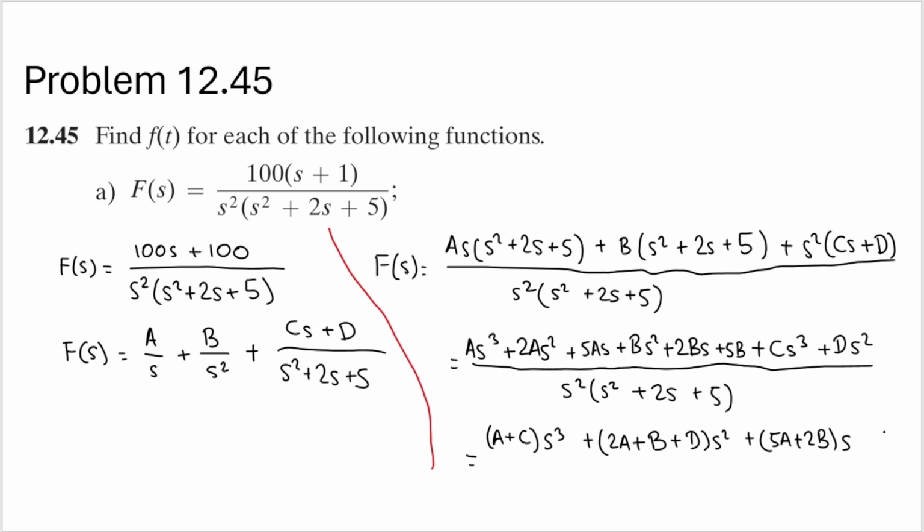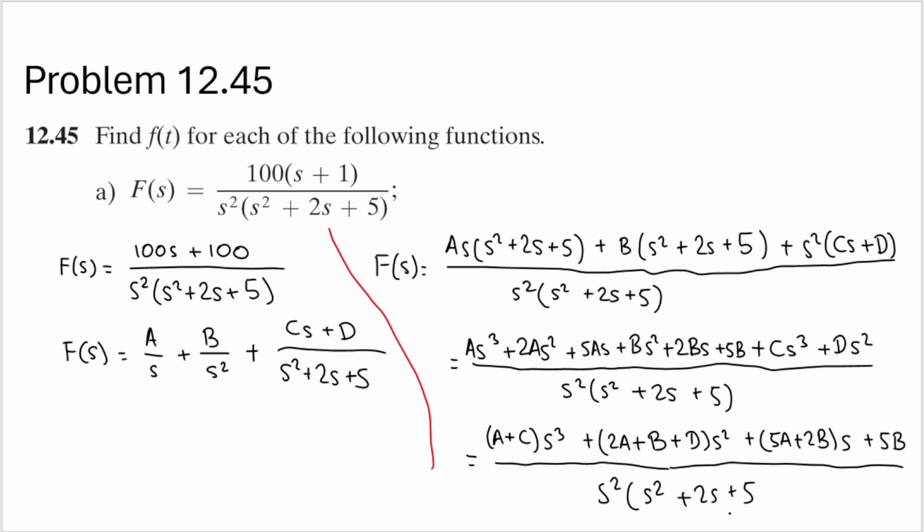And finally, for the constant term, we will have 5B. Okay, that's all, I think. And so we will have the denominator still s squared times (s squared plus 2s plus 5).